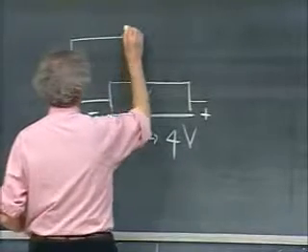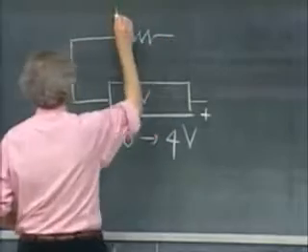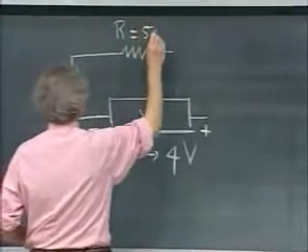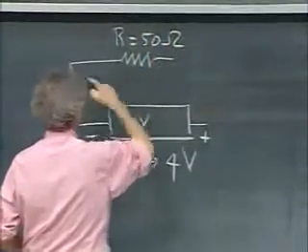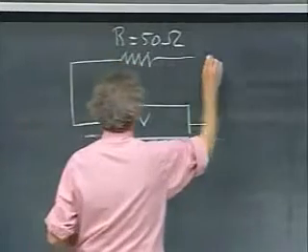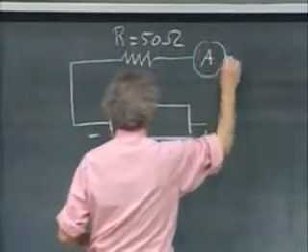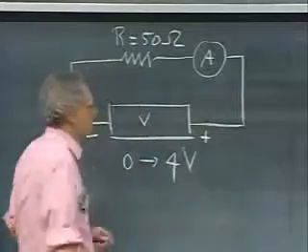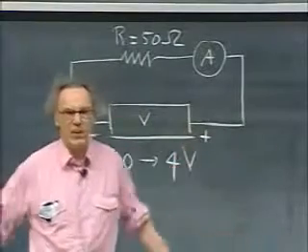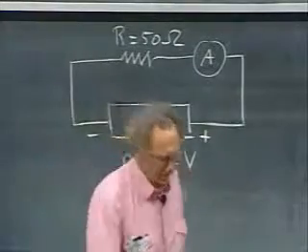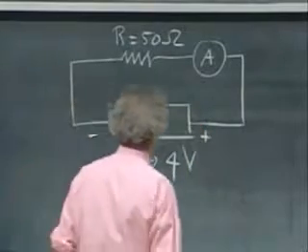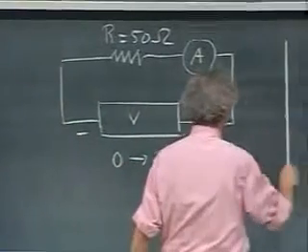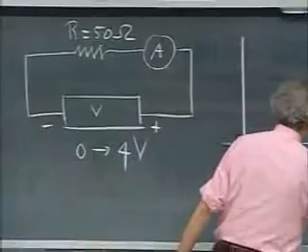I have connected it here to a resistor, which is 50 ohms. We use this symbol for a resistor. And here is a current meter, and the current meter has negligible resistance, so you can ignore that. I'm going to show you on an oscilloscope. We've never discussed an oscilloscope, but maybe we will in the future.